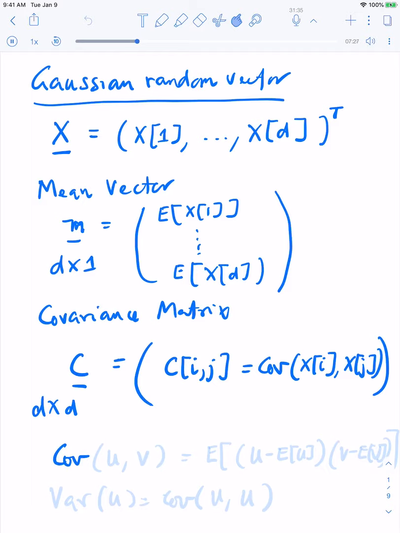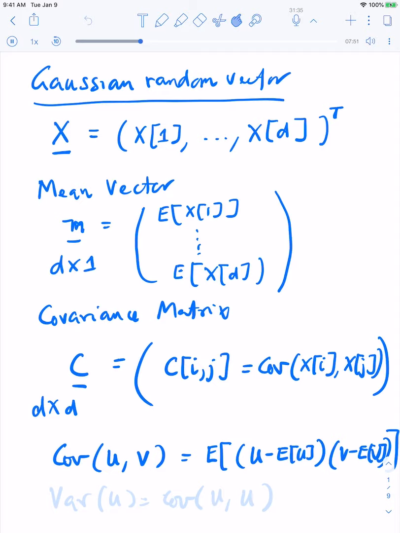So basically you've got a d by d matrix filled up with these entries, and let me just generically define covariance. Covariance of two random variables u and v can be thought of as how u and v sort of co-vary around their means. So you get rid of the means and then look at the expectation of their product.